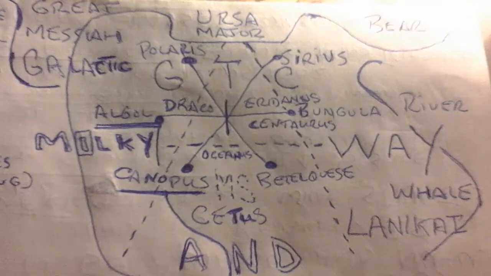And we could say the North Star at the top, which is somewhere near Polaris now, and Ursa Major, the Big Dipper, is the other polar position that we are viewing from.